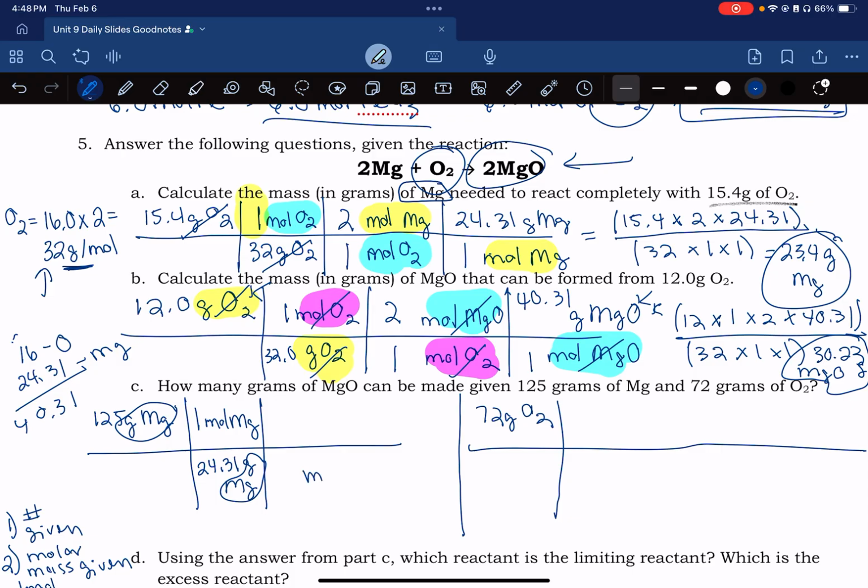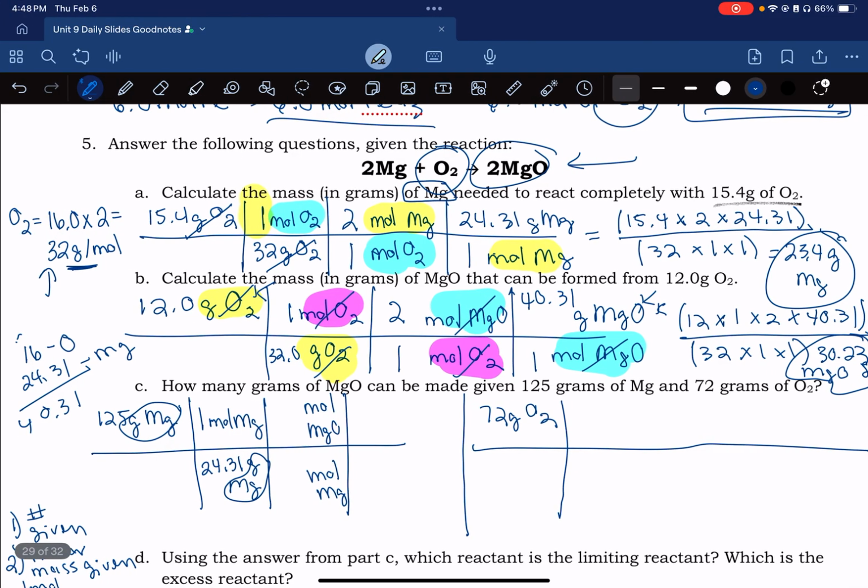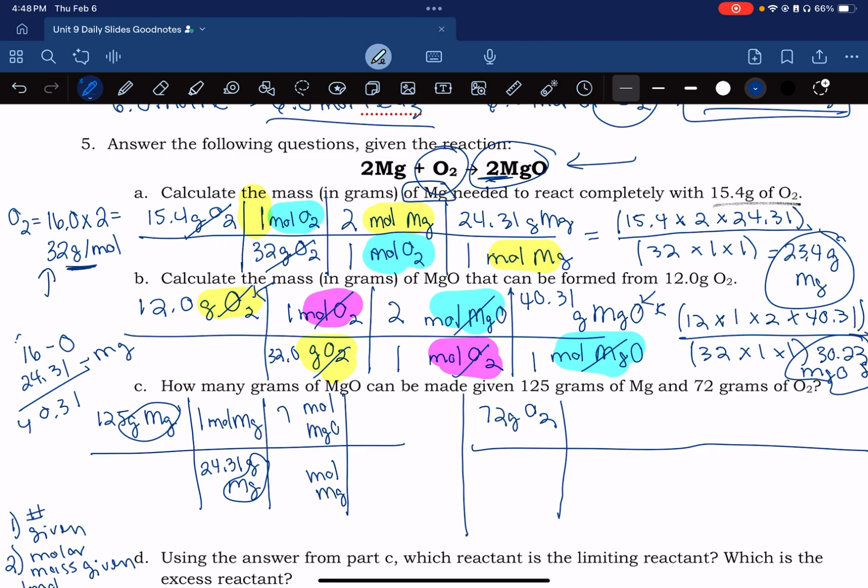We've got to put our same unit down here, mole of magnesium. All right, and what are we trying to find? Well, we're trying to find moles of magnesium oxide. So let's find our mole ratio. Our mole ratio says that we have 2 moles of magnesium oxide for every 2 moles of magnesium. Gotta love that. They cancel each other out.